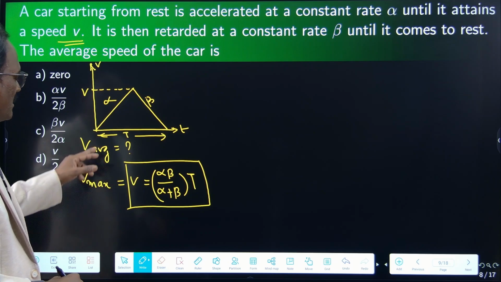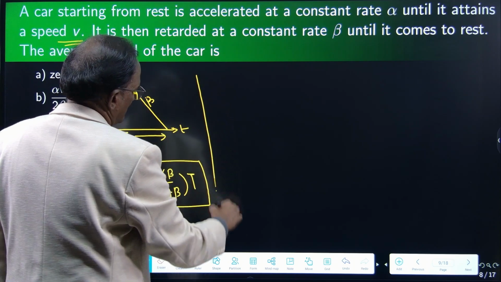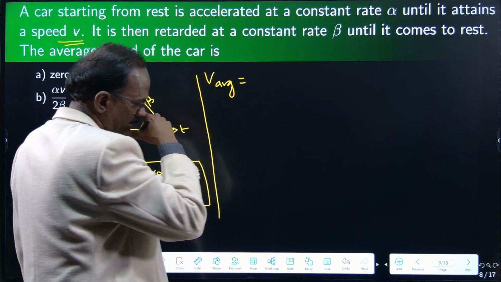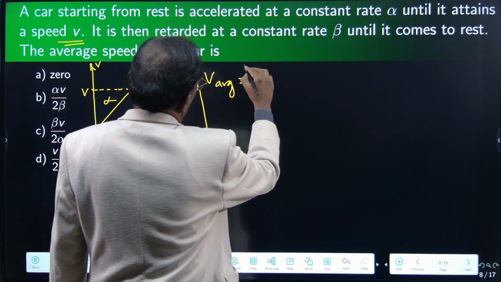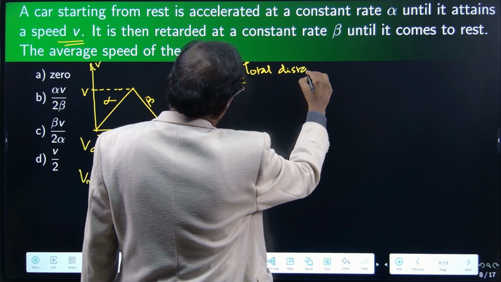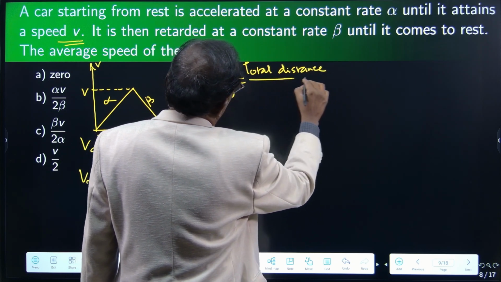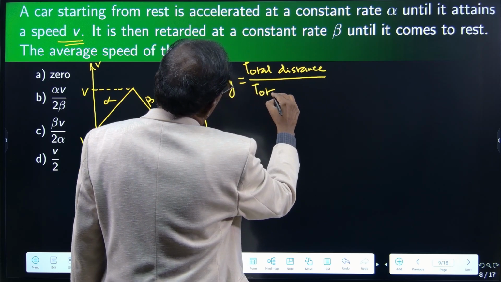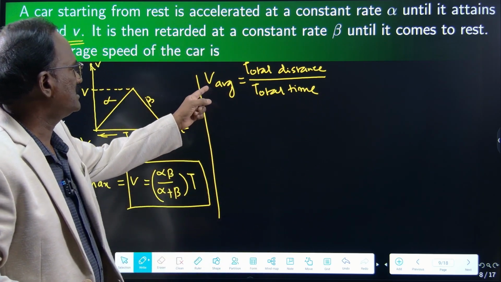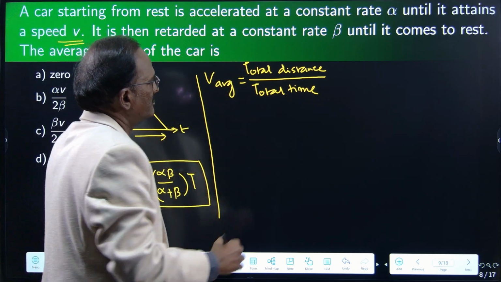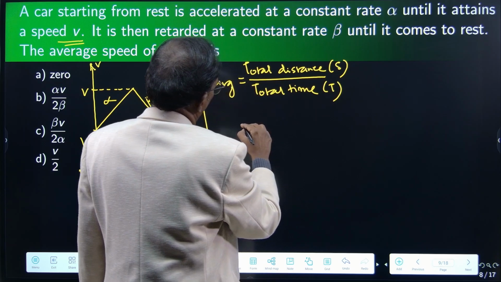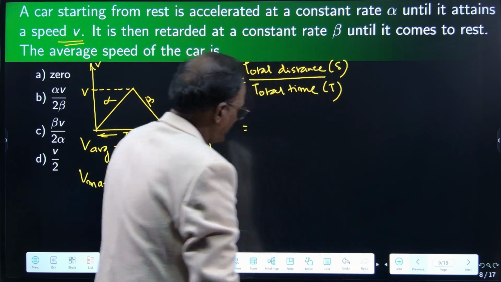But the question is average speed. From the fundamentals we know the formula is total distance traveled divided by total time taken. Average speed is written as total distance divided by total time. This is S and this is T. S, already we have developed the formula.